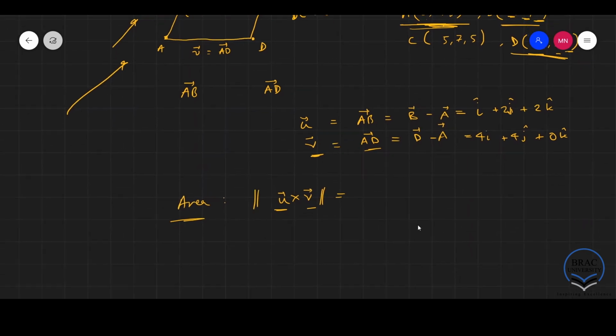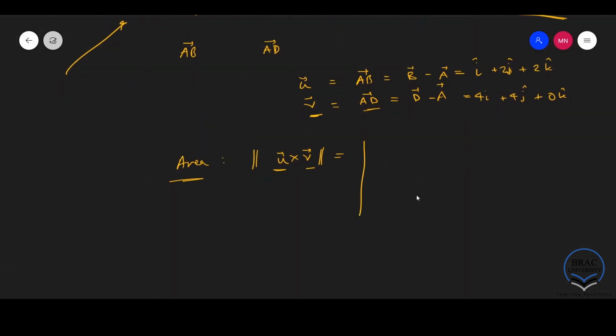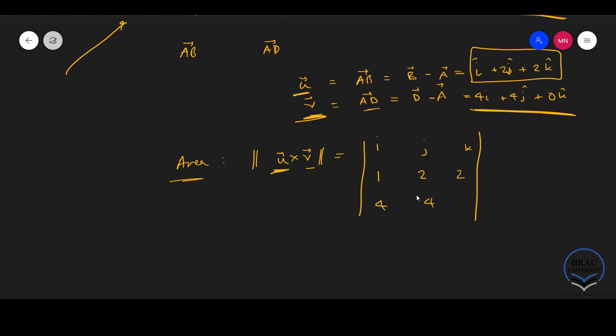We can find this cross product by the following determinant, where we have I, J, K in the first row. The second row will have the components of U, which we have determined already, which is 1, 2, and 2. Then the third row will have the components of V, which we have determined here, which is 4, 4, and 0.